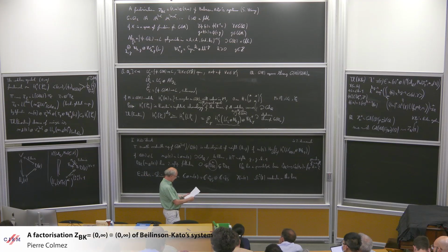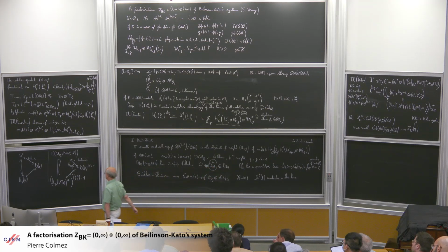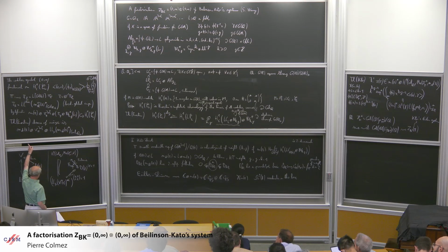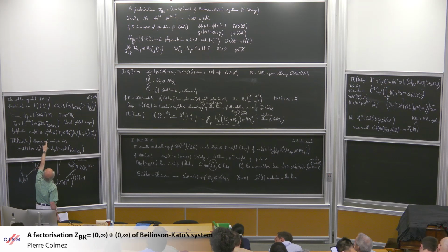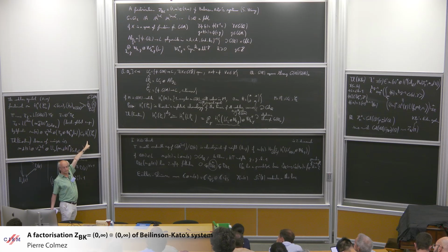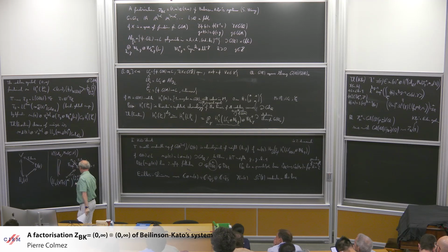Okay, and then the theorem. So when you do that, as I say, you can evaluate zero infinity on this space. And what you prove when you do that is that you get an eigenvector for P001.